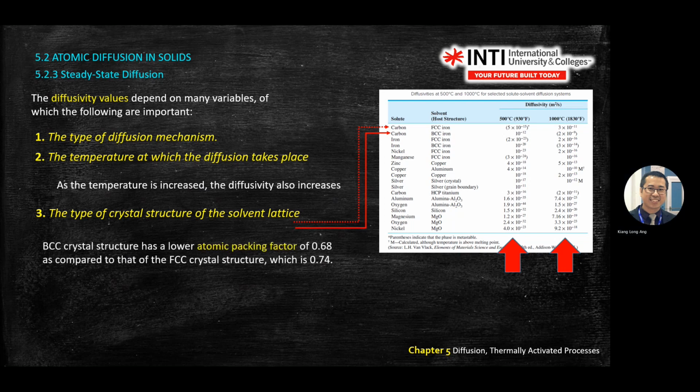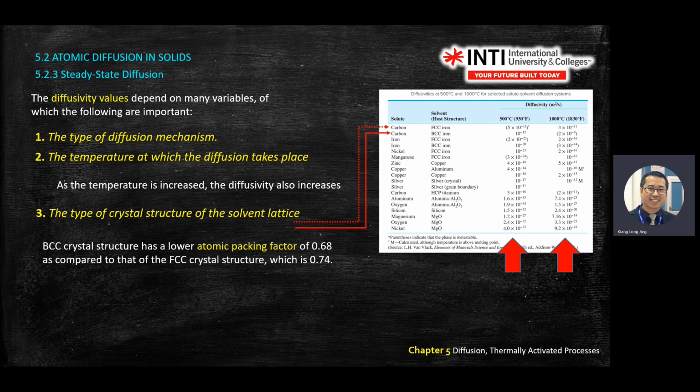So for BCC, you already learned how to calculate atomic packing factor. BCC is 0.68, FCC is 0.74.